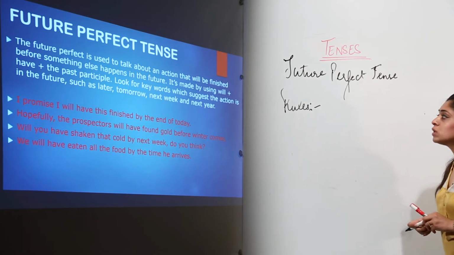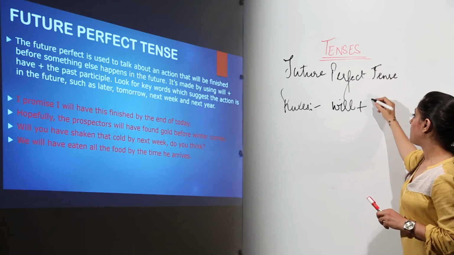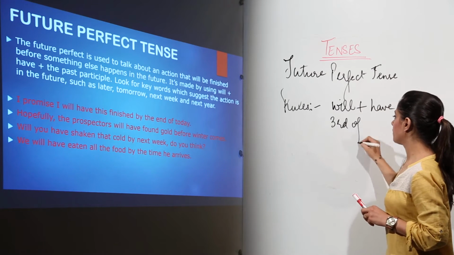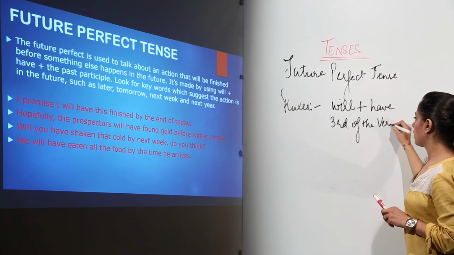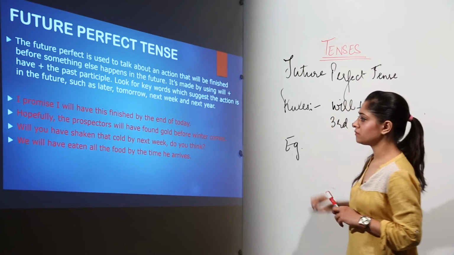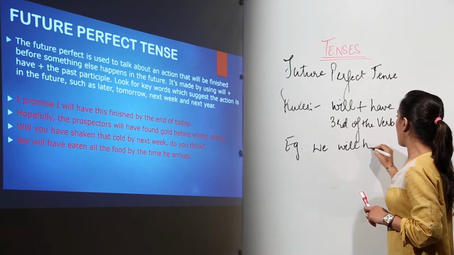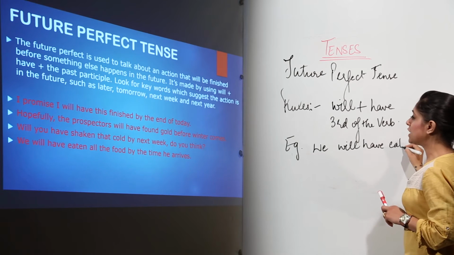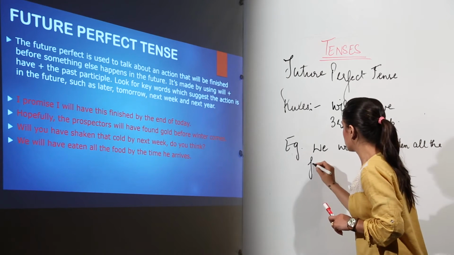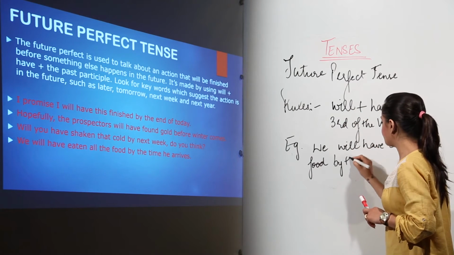So for this, the rules are, we use will plus have and the third form of the verb. Let's do it with an example. For example, we will have eaten all the food by the time he arrives.